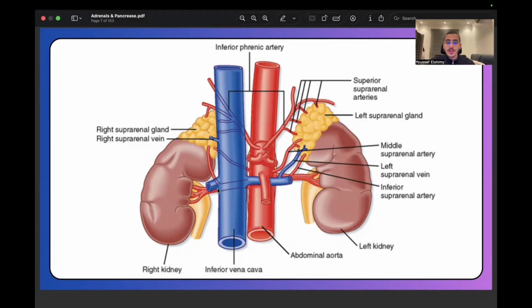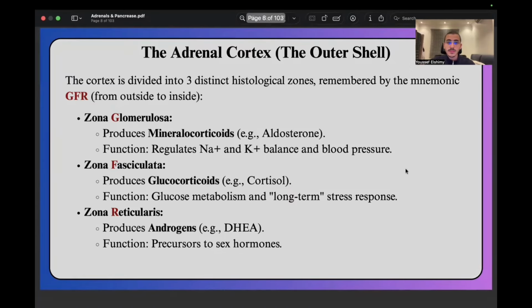Then the renal artery giving the inferior suprarenal artery. For the venous drainage on the right side, it drains directly into the IVC. For the left side, it drains first into the left renal vein. Then this left renal vein drains into the IVC.